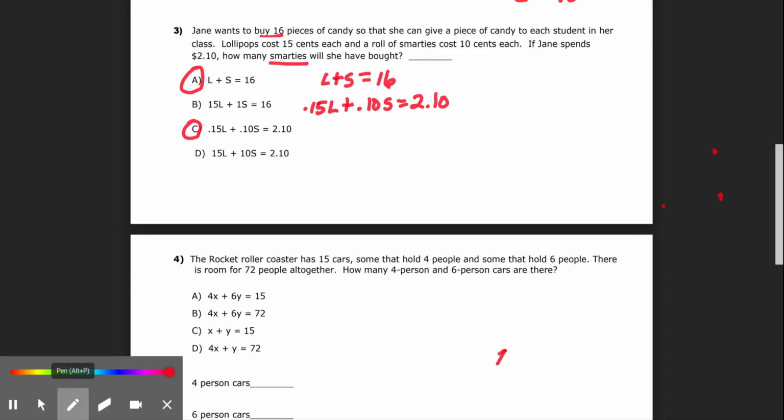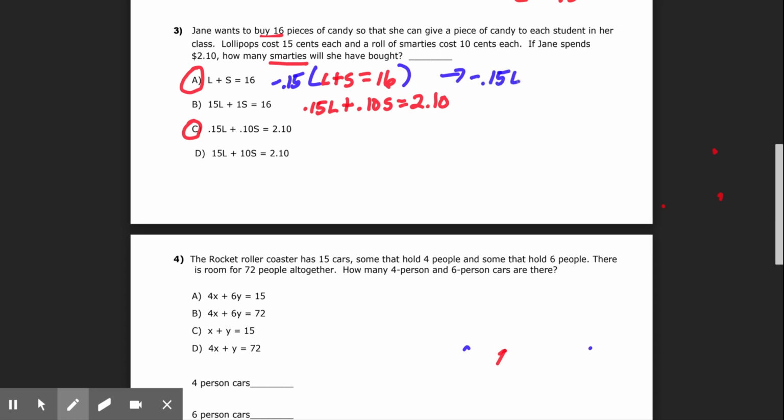So if we want to know how many Smarties, let's get rid of the lollipops. So what we're going to do is multiply this top equation by negative 15. So that's going to give us a negative 0.15L minus 0.15S. And then don't forget negative 0.15 times 16 gives us negative 2.40. The bottom equation, of course, stays the same: 0.15L plus 0.10S equals 2.10.